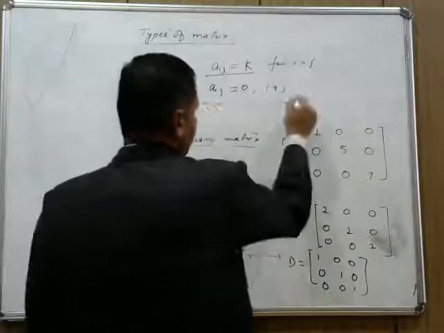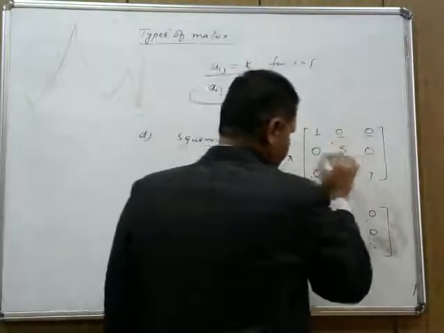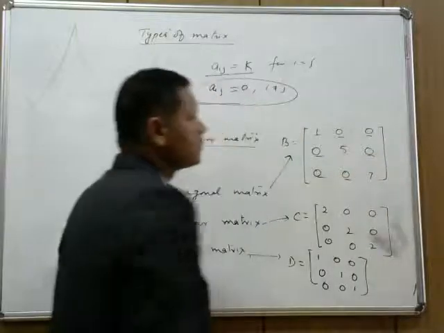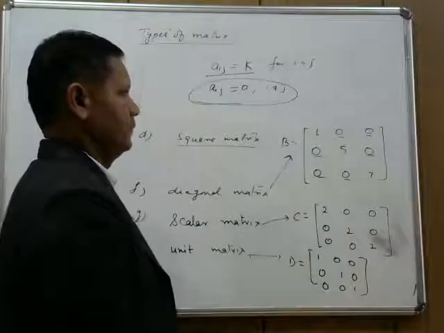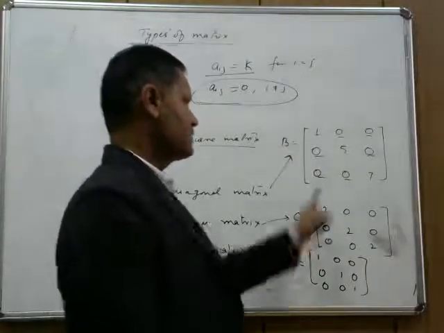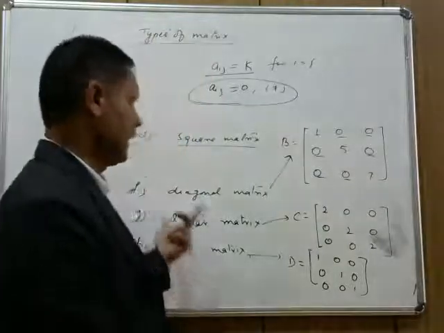That means all the non-diagonal elements are 0 and diagonal elements have some number. When the diagonal elements have numbers which are not the same, it is called a diagonal matrix.